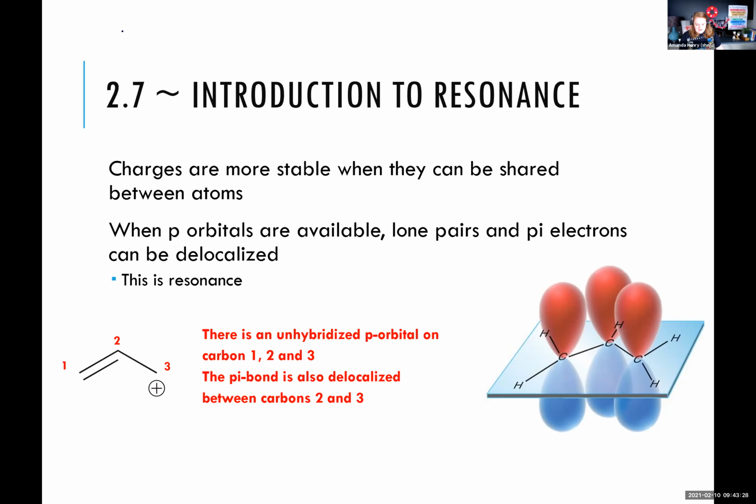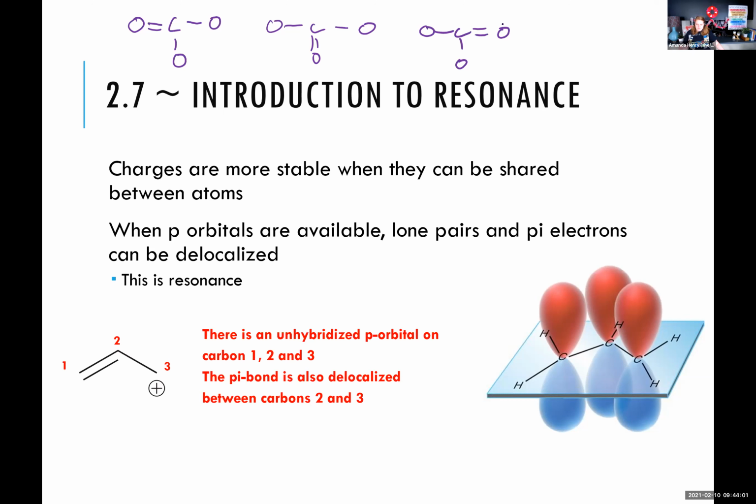So if we're learning how to draw carbonate, so CO3 2-, we can draw it that way, but we also say, well, that double bond could have gone there, or that double bond could have gone over there. And so those 3 structures are resonant structures because it's showing 3 equal ways to draw the same compound.